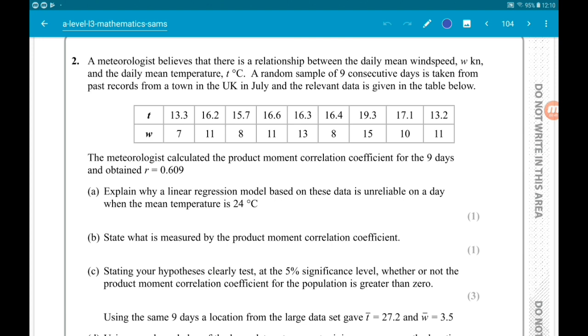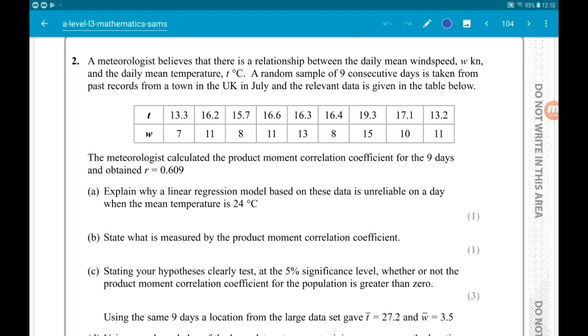So, we only have reliable data up to that temperature. So, if we were to use it for a temperature of 24 degrees Celsius, we are assuming that the relationship would remain linear.